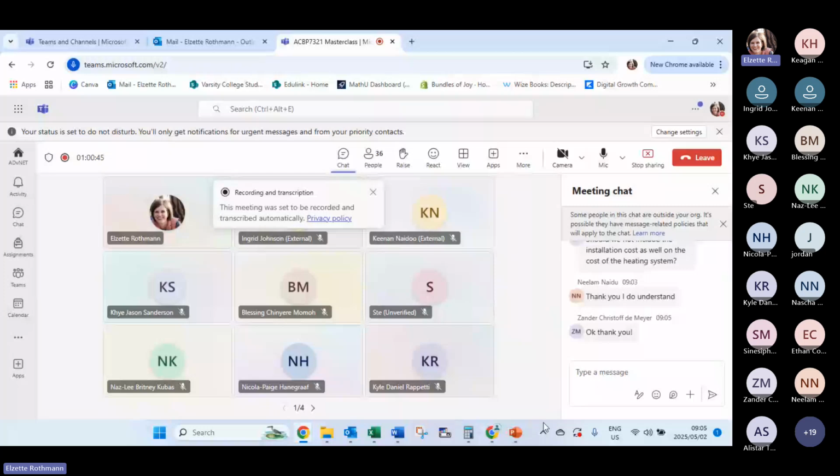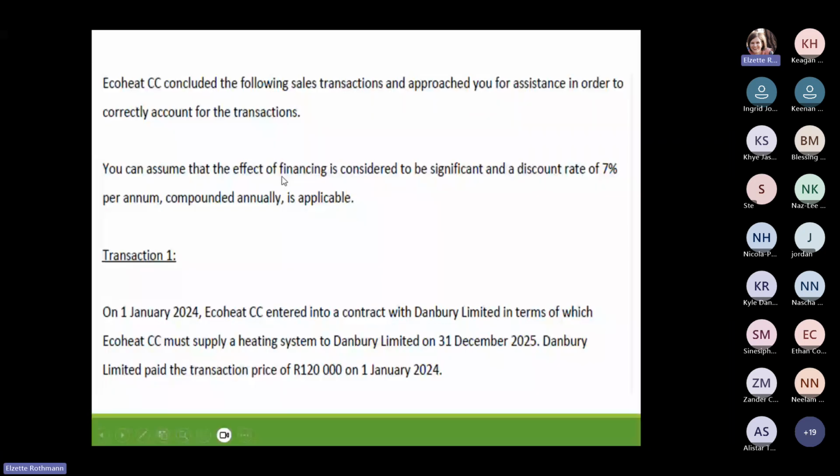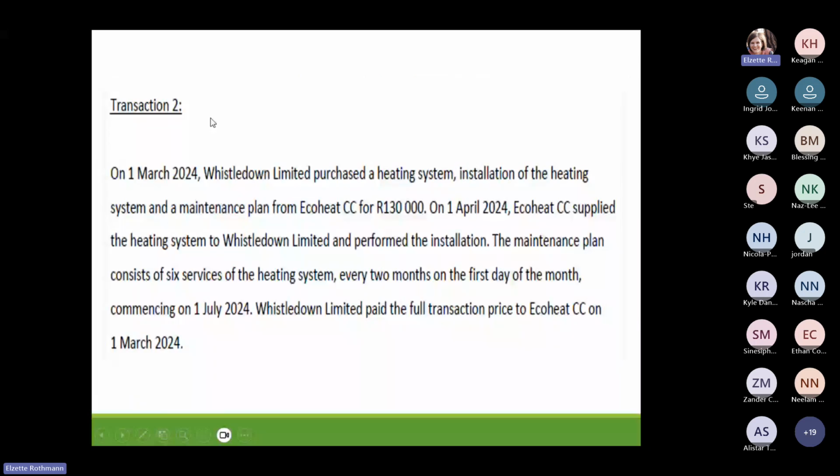Okay, then we can go to transaction 2. Okay, so in transaction 2, they tell us that on 1 March 2024, Whistledown Limited purchased a heating system, installation of the heating system, and a maintenance plan from EcoHeat CC for 130,000 Rand. On 1 April 2024, EcoHeat CC supplied the heating system to Whistledown Limited and performed the installation.